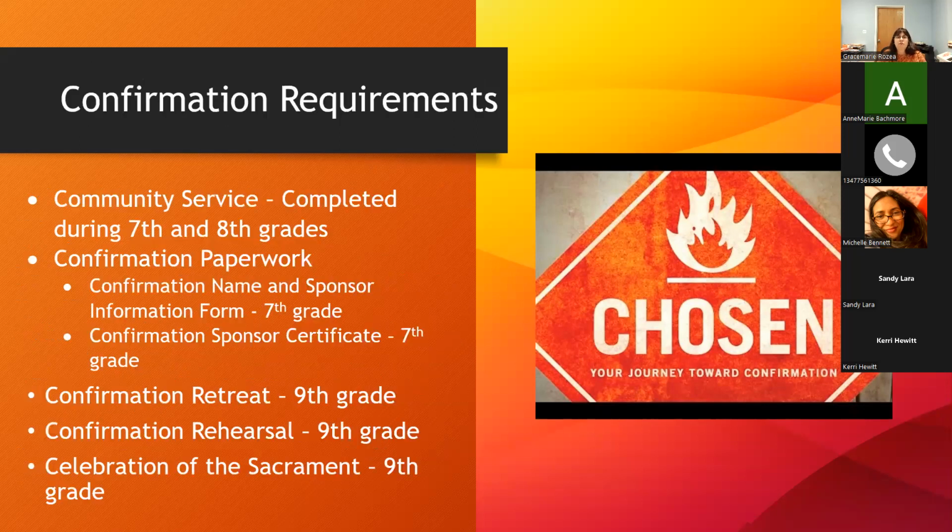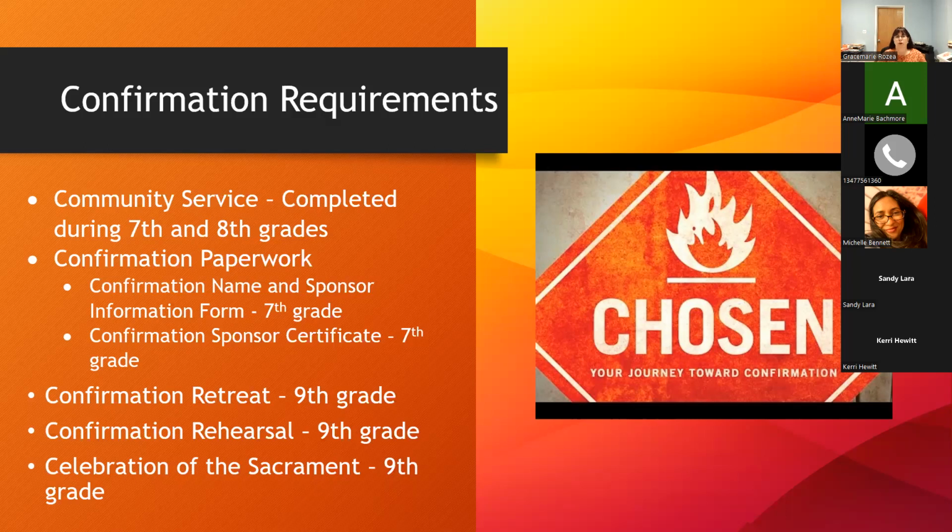So in total, the confirmation requirements include the completion of their 7th and 8th grade community service, and we will be following up with the families of students that did not submit the 7th grade service form. So if you happen to still have that at home, you can either give that to your child's catechist or you can give it directly to our office here, because that is something that we need to have.